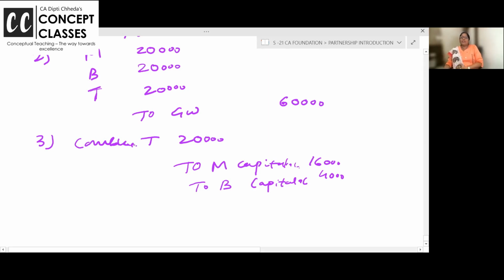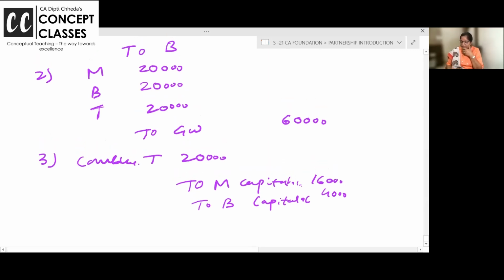T's capital account debit 20,000, M's capital account credit 16,000 and B's capital account credit 4,000. This is the combined effect.